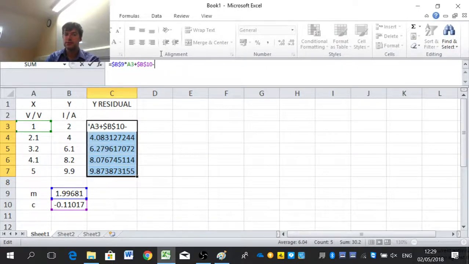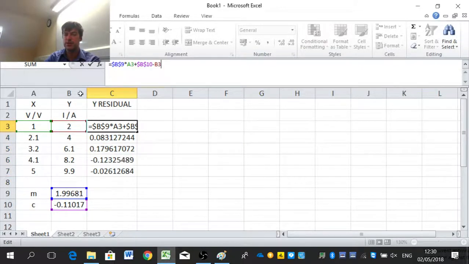So, what do I need to take away here from this? Minus the point, which is here, B3, for example. So, let me copy that down now. Can you see? I did minus B3. I'm looking at the difference.